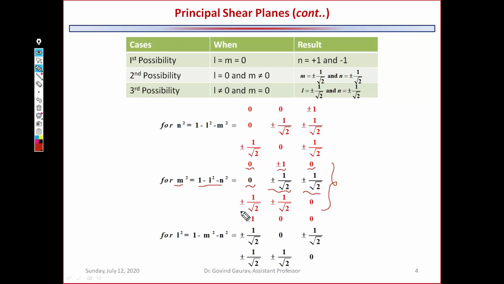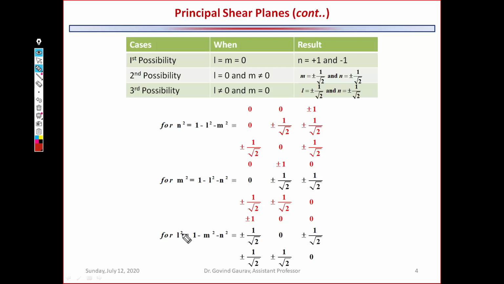The third possibility would be when we get L is equal to plus minus 1 by root 2, M is equal to plus minus 1 by root 2, and N is equal to 0. So for putting the values M square is equal to 1 minus L square minus N square, we get the three relationships between L, M and N.